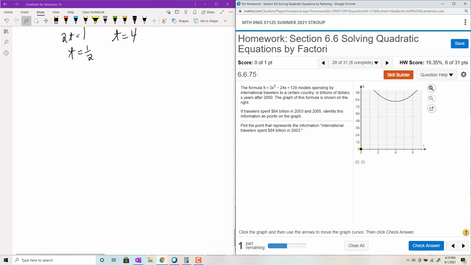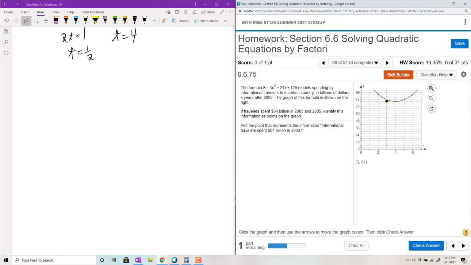Oh boy, another one. This quadratic is modeling spending in billions of dollars, x years after the year 2000. They graphed it over here for us. If a traveler spent 84 billion in 2003 and 2005, identify this information as points on the graph. 2003 would be right here, because the x-axis represents the number of years after 2000.